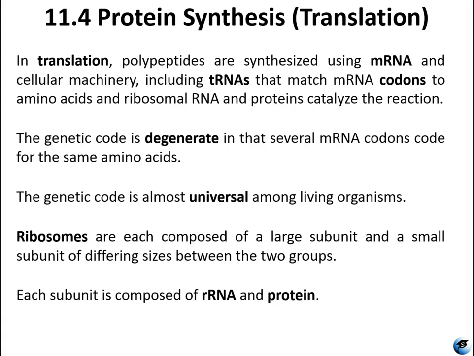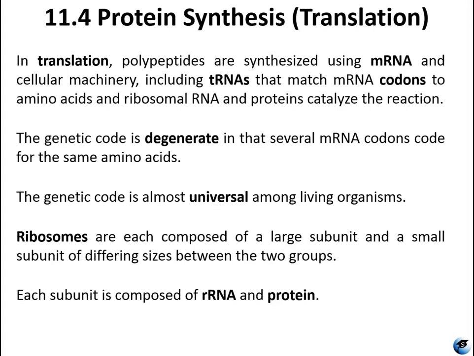Now the third step, right, in the process of making a protein from DNA is translation. So mRNA is basically the substrate for this, and it includes some tRNAs. Remember, tRNAs are transfer RNAs, and they match different codons to amino acids, and that is what determines which proteins are made.